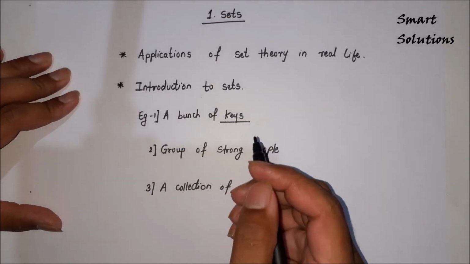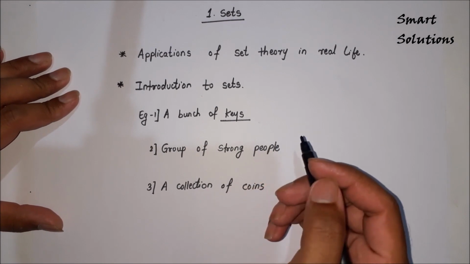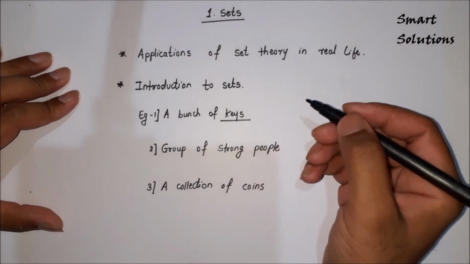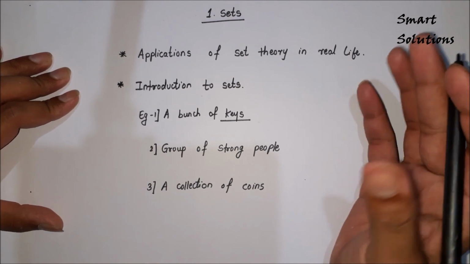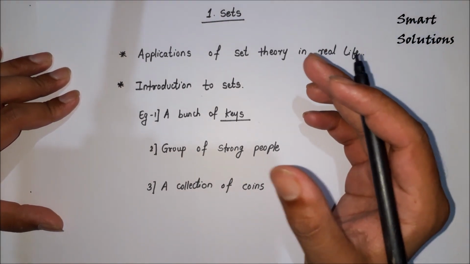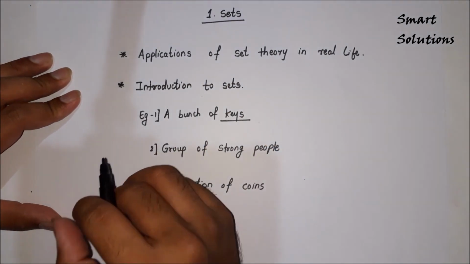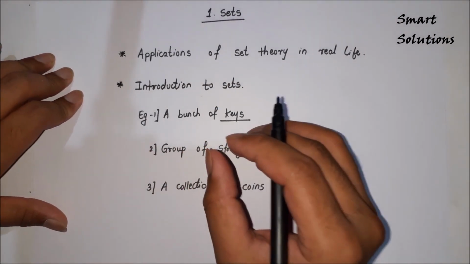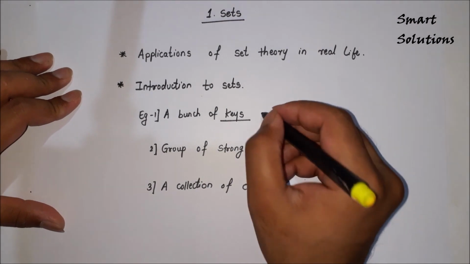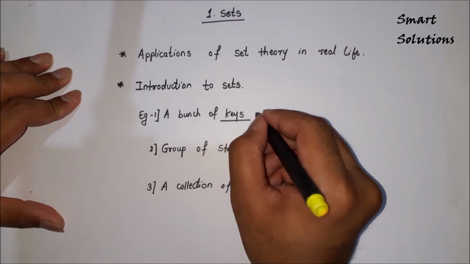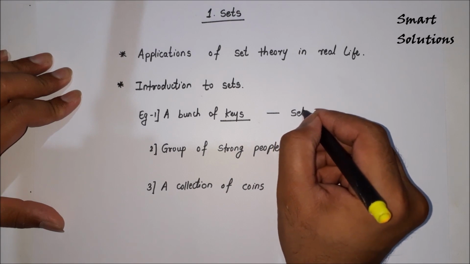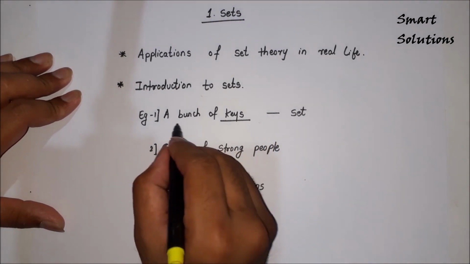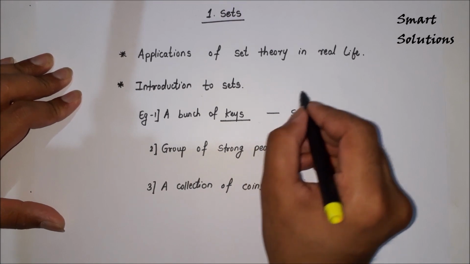Is there any other property of keys, or is there any property required to define keys in more detail? No. So we have got almost all information of this group, that is a bunch of keys. So this is an example of a set, or the bunch of keys can be called a set.